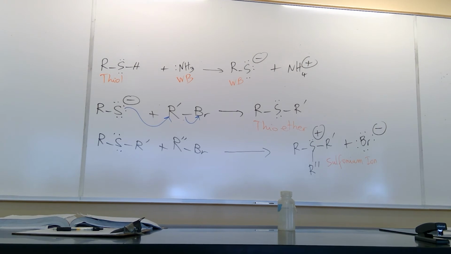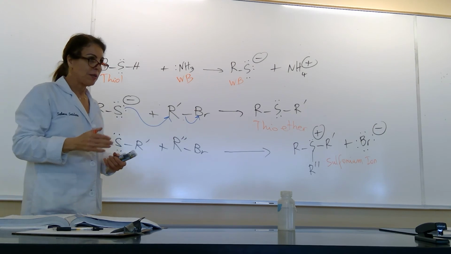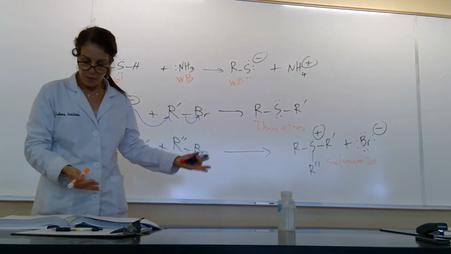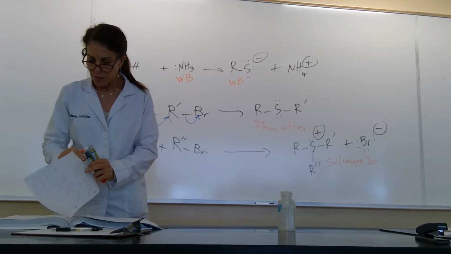So with thiols and amines, you can remove H and replace it with R, remove H and replace it with R. So you go from ammonia to primary, to secondary, to tertiary, to quaternary. This is primary, this is secondary, this is tertiary, this is quaternary. So with amines, you can remove an H and put an alkyl, just like the thiols, you remove 1 H and put an alkyl group.